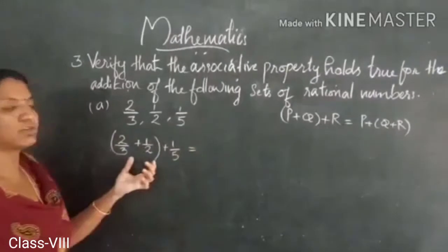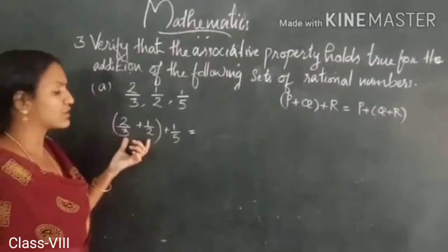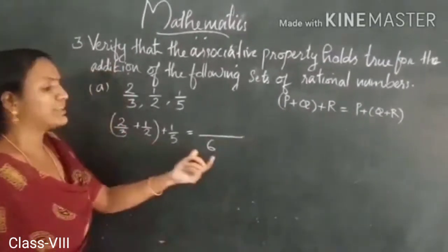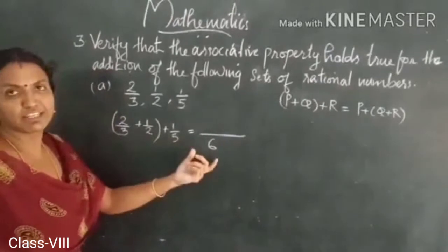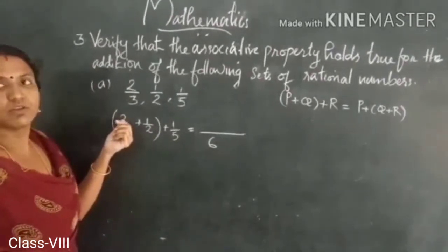2 by 3 plus 1 by 2 is equal to, here the LCM is 6. How many 3s are in 6? 2 3s are 6. So you have to multiply 2 in the numerator.